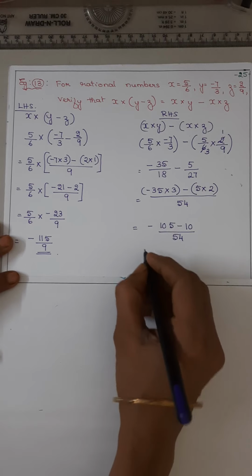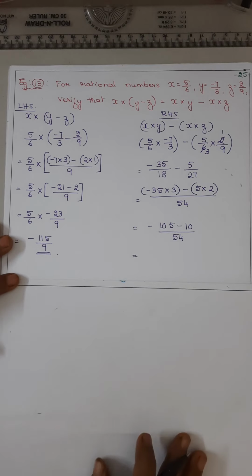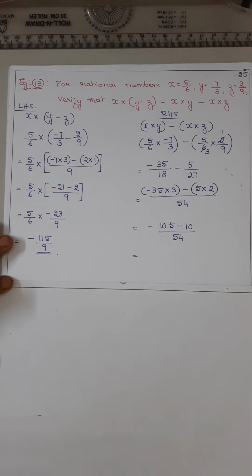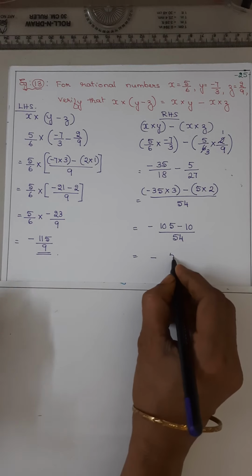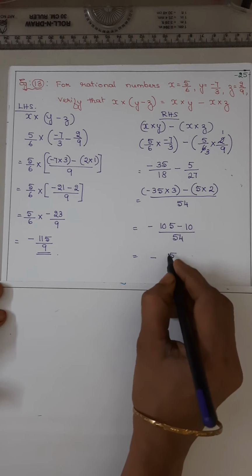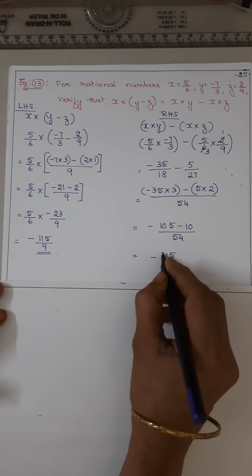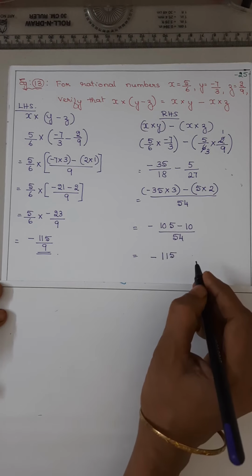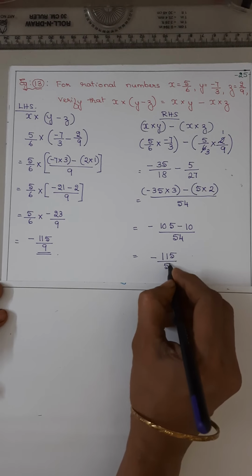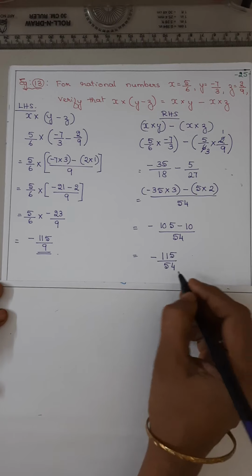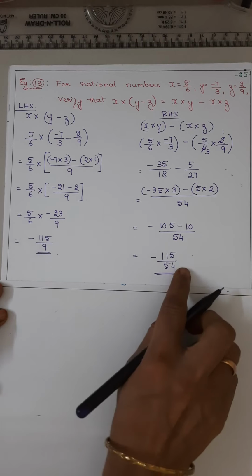अभी आया माइनस माइनस, मतलब ऐड करो, साइन माइनस डालो. 5 प्लस 0 5, 0 प्लस 1 1, and this 1 as it is upon 54. Did you get the same?